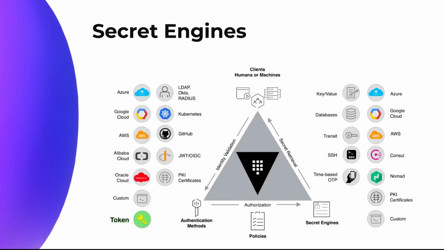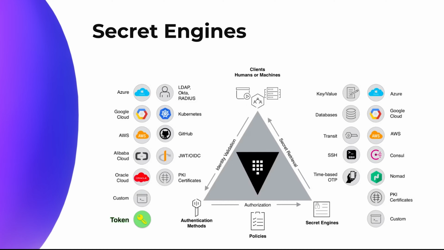Now let's talk about the secret engines. HashiCorp Vault supports various types of secret engines, and these secret engines allow us to store different kinds of secrets. HashiCorp supports a key value secret engine, which allows you to store key value secrets. It also supports a database secret engine, which allows you to store database credentials like the username and password.